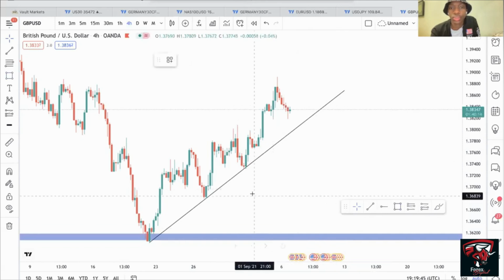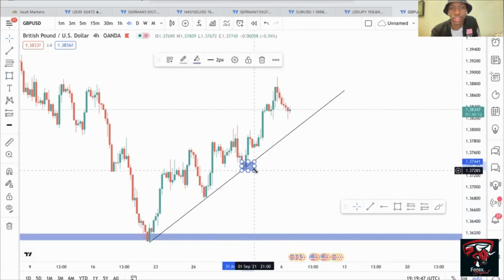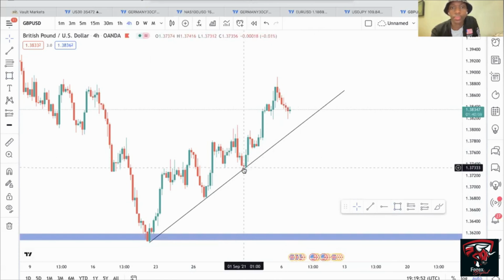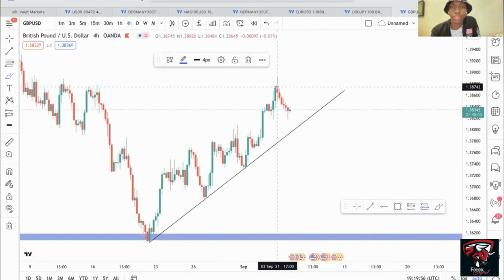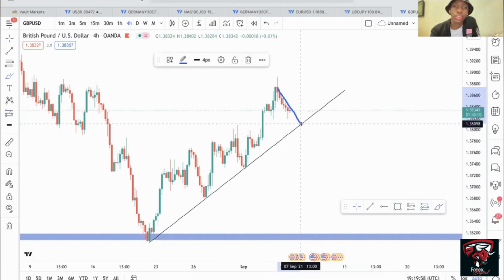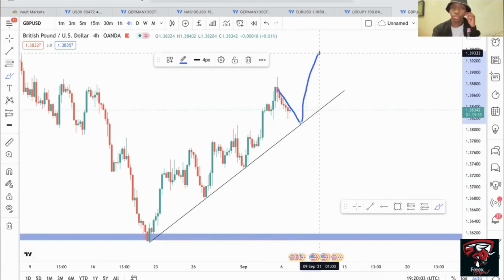You can see that we closed with a nice reversal candlestick over there. So right now we're in that retracement phase, tracing down to the trend line. We're going to wait for that fourth touch and do this exact same shoot up.